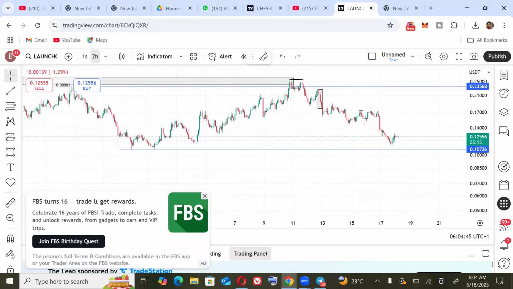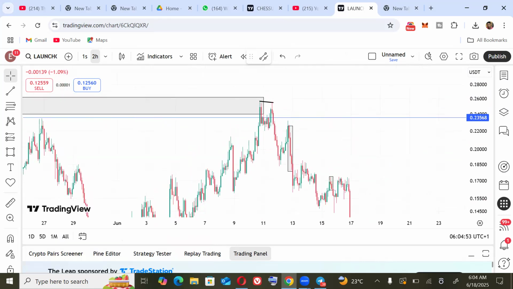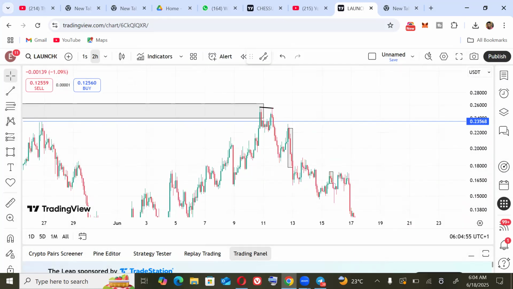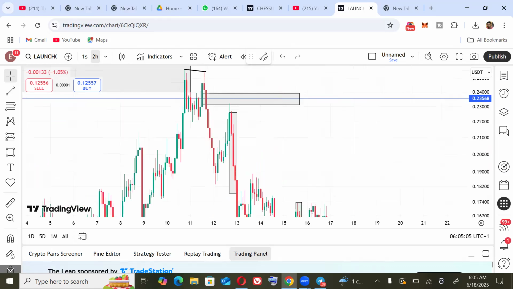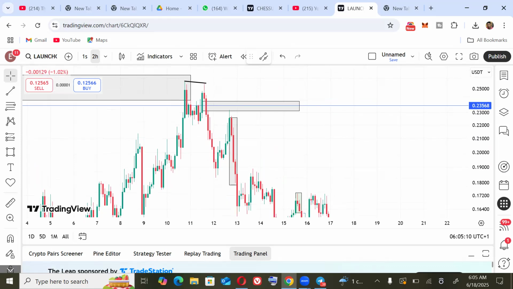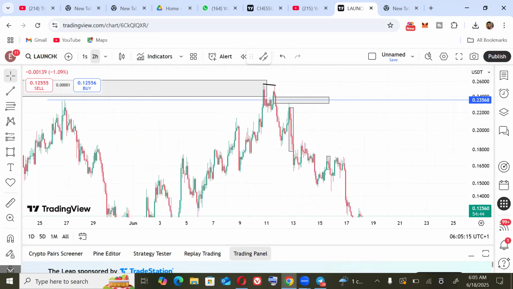Now, the moment price came all the way here, it tapped into a fair value gap. Remember before I told you there must be a fair value gap there. It tapped into that fair value gap and started expanding. Now, one secret is when price touches a fair value gap, price will expand. Price will begin to move fast.